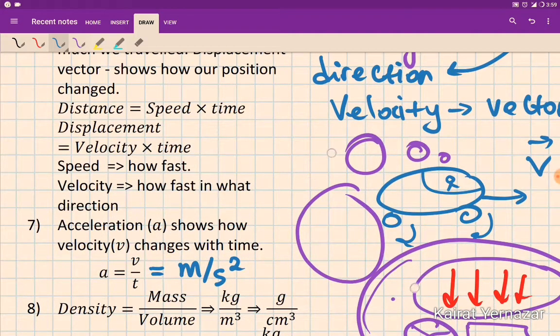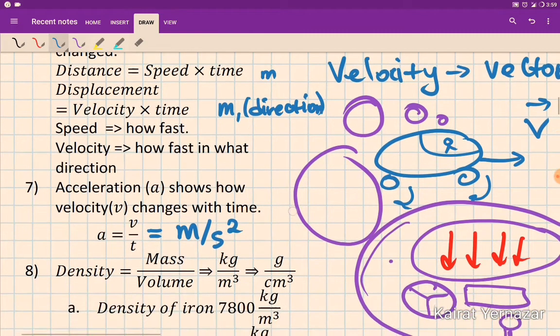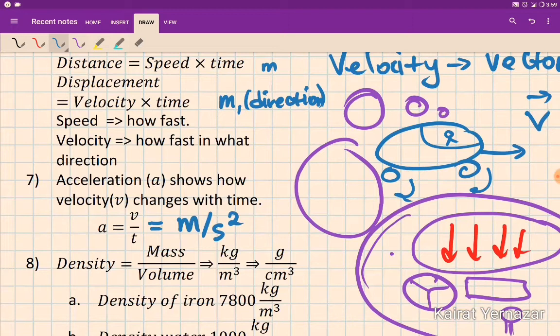Distance and displacement are measured in meters. However, displacement also shows direction. Velocity and speed are measured in meters per second. Velocity is meters per second plus direction.